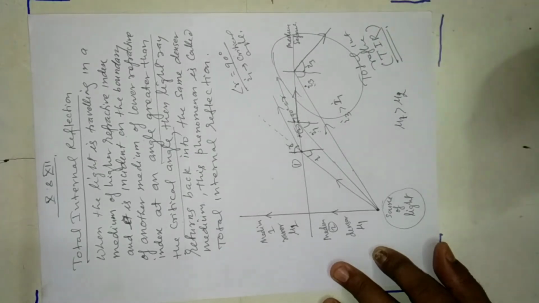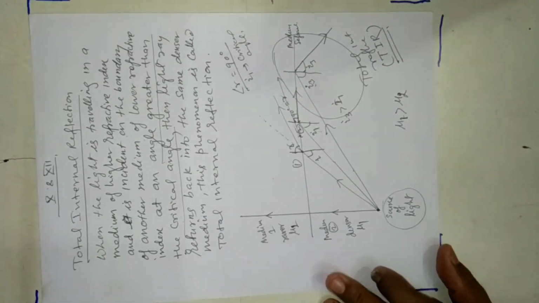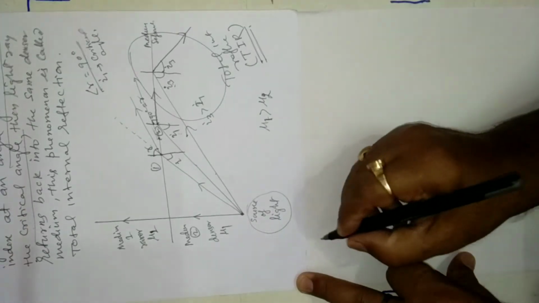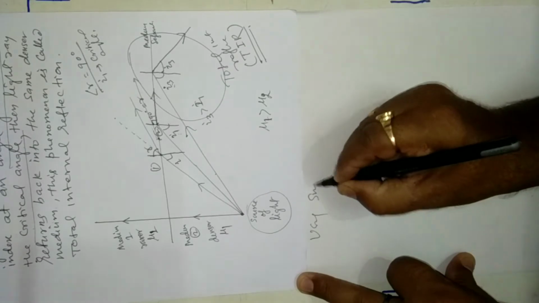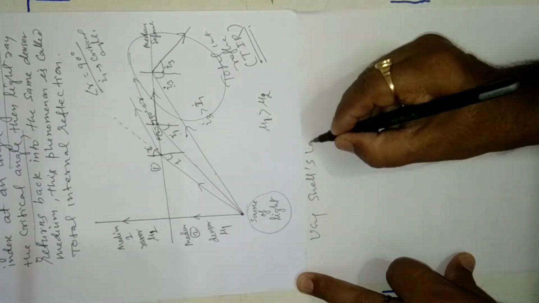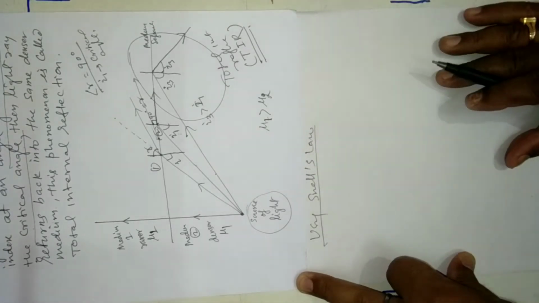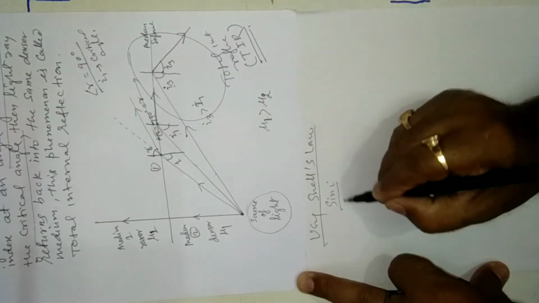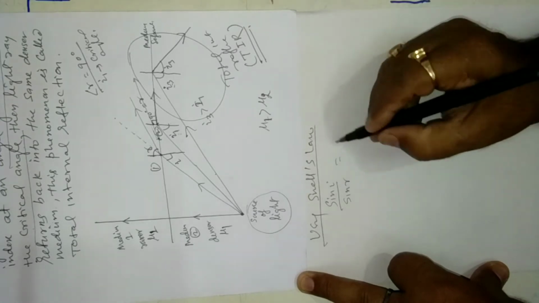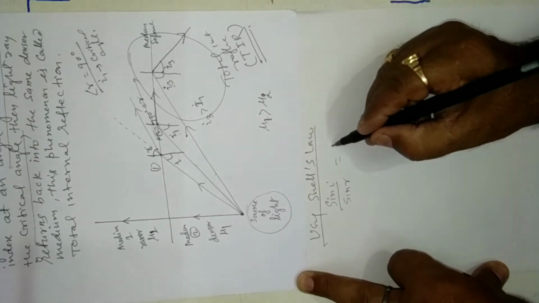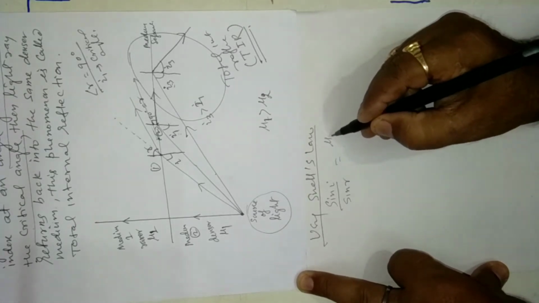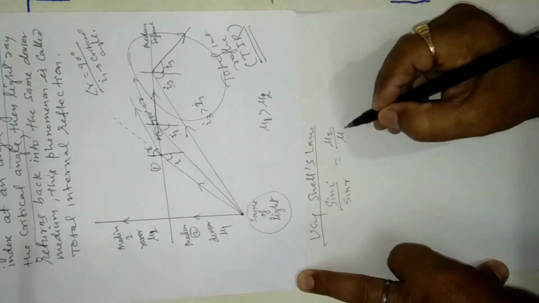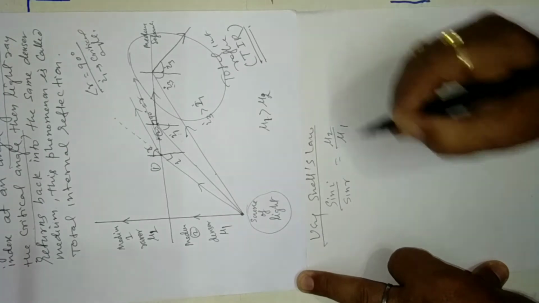Now I am going to further use Snell's law for this. Using Snell's law, that means the second law of refraction, sin I by sin R is equal to mu 2 by mu 1.